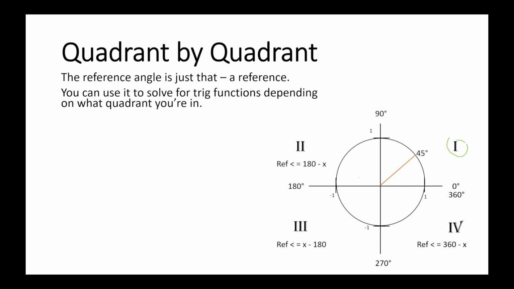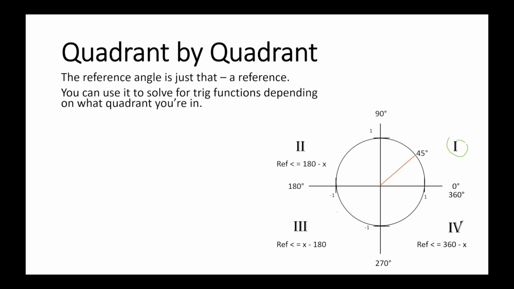If I'm given an angle that's somewhere between 90 and 180 degrees, let's say 120, examples like that, the first thing I would do is figure out what my reference angle is.